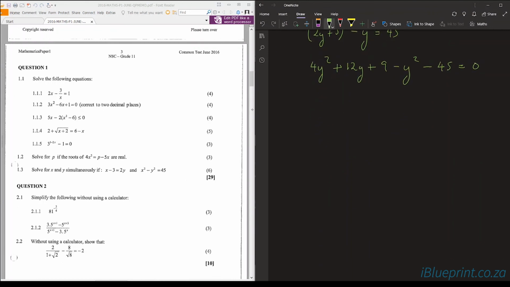Handling the y squareds first. 4y squared here minus y squared gives me 3y squared. 12y, there's no other y term, so it stays. 9 minus 45 gives me minus 36, being equal to 0. There's a common factor of 3, which we can remove just to make the maths easier with smaller numbers. And this is now the simplest quadratic we have.